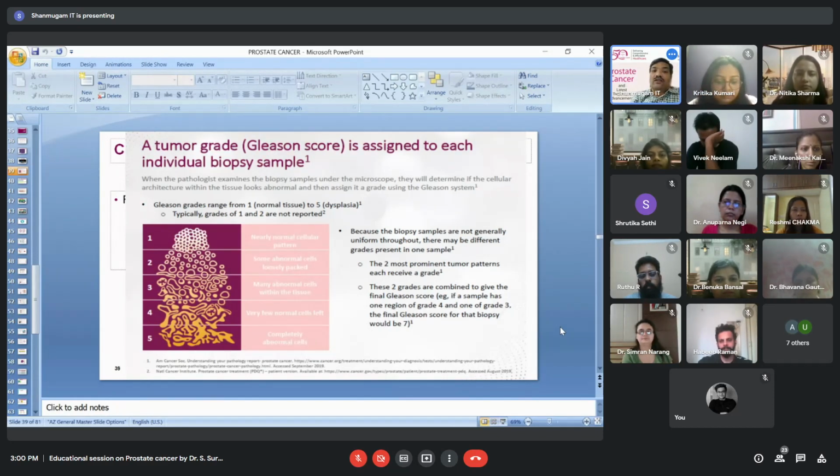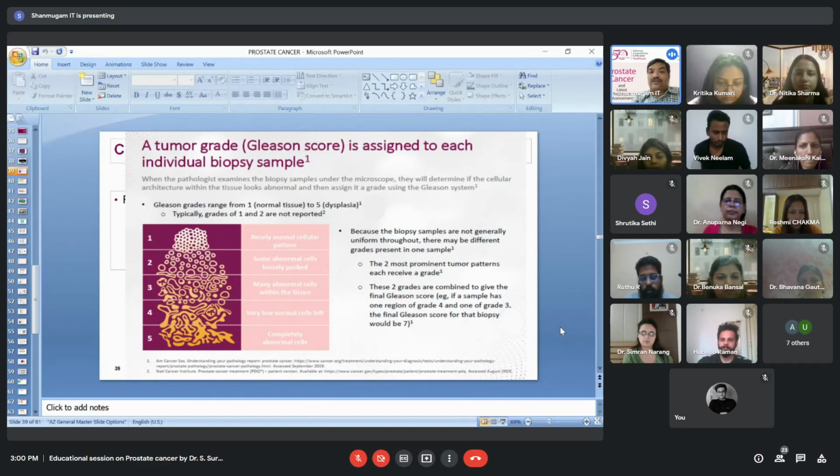And what is the predominant grade which is present? Suppose most of the tissue which you have is grade 3, then we say 3. And the second most common grade is grade 4, then we say grade 4. So 3 plus 4, 7.